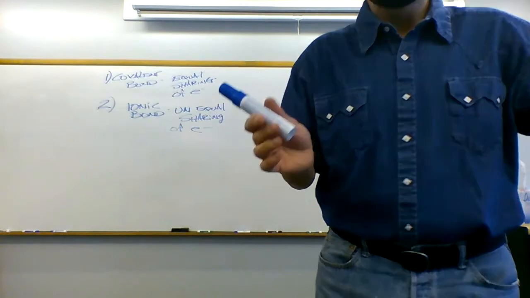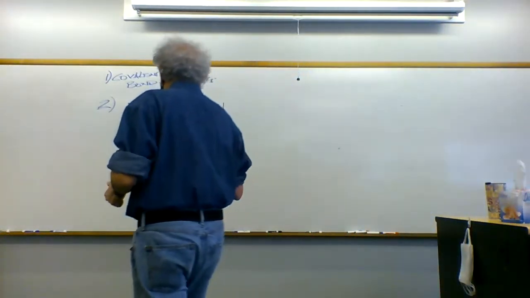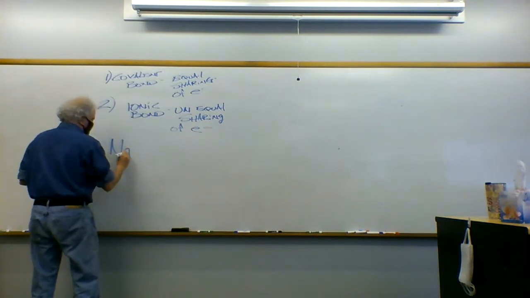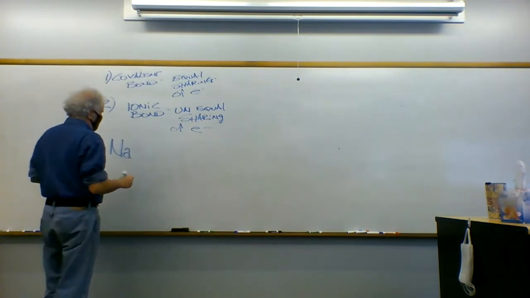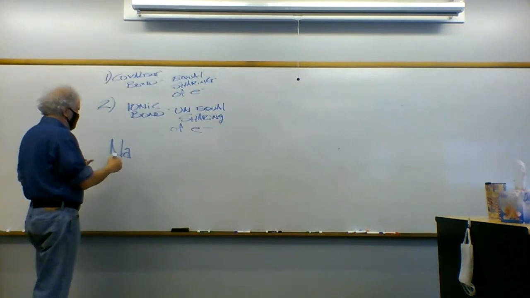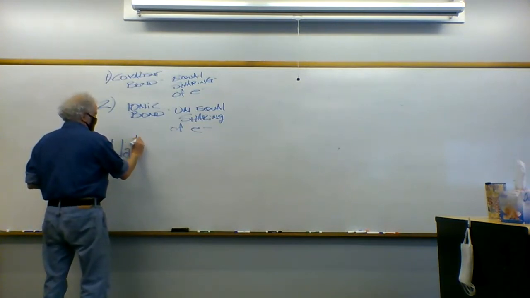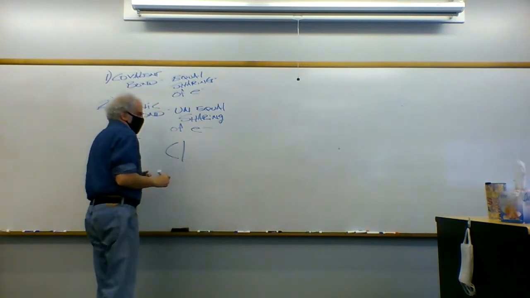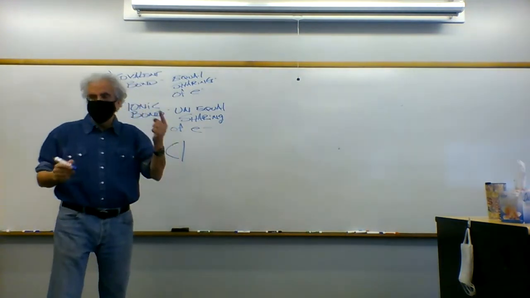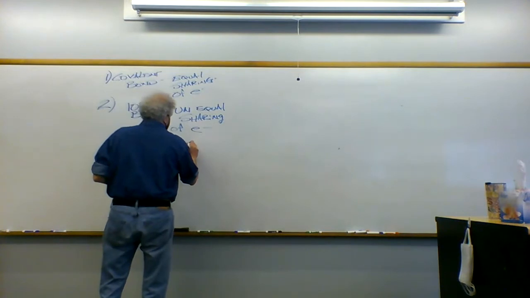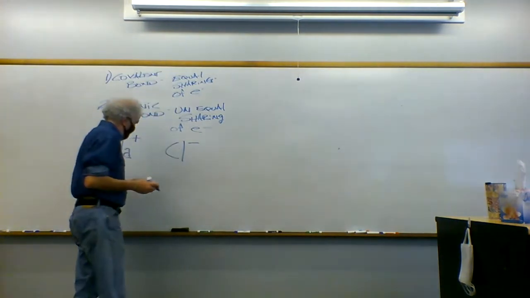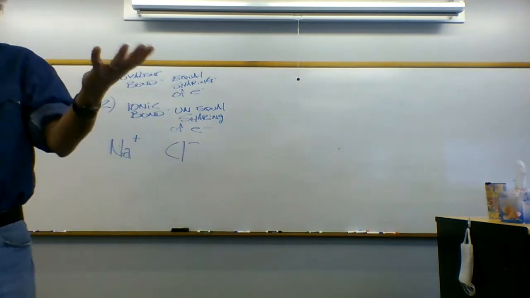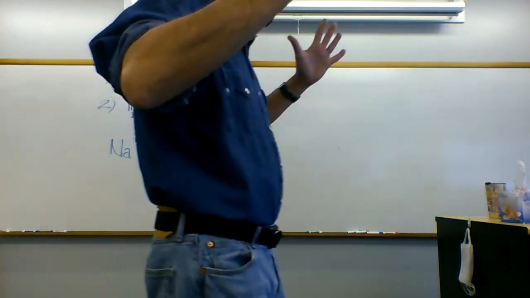And a classic example of this would be sodium, which is missing an electron compared to its proton number, and so it carries a positive charge. And chlorine, which has got an extra electron compared to its number of protons, and so it's carrying a net negative charge.